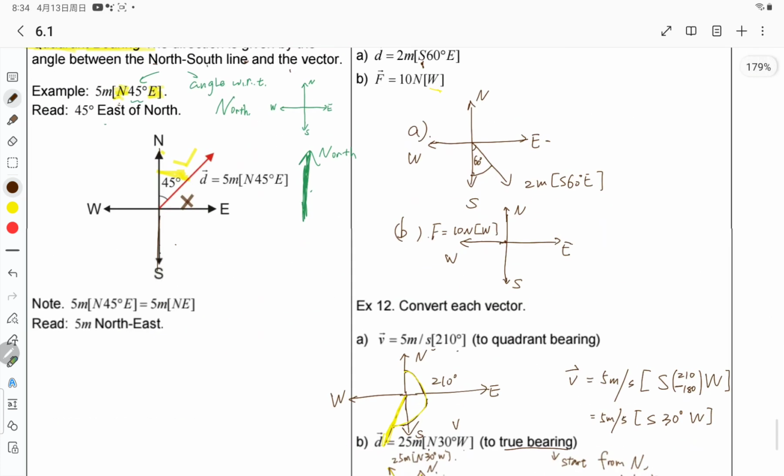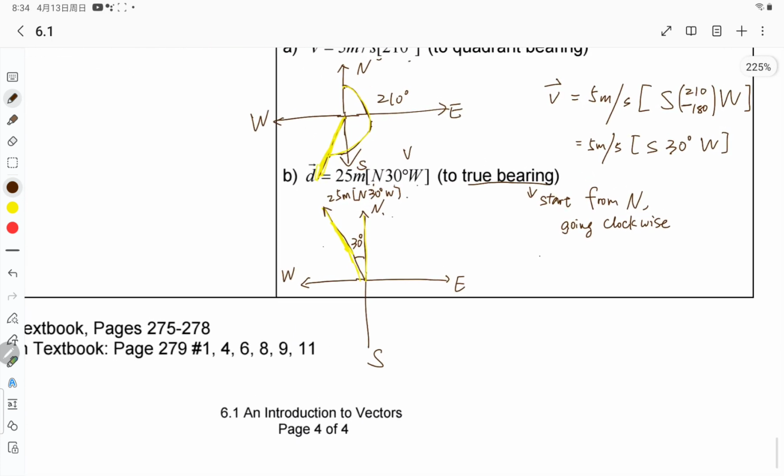So it's like a game. For the true bearing, we don't write down north. Just going from this to here, and it should be 330 minus 30, right?